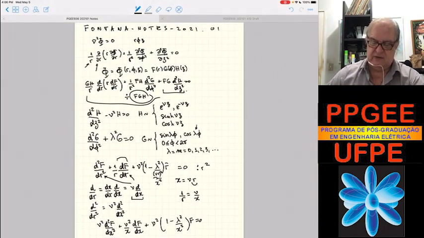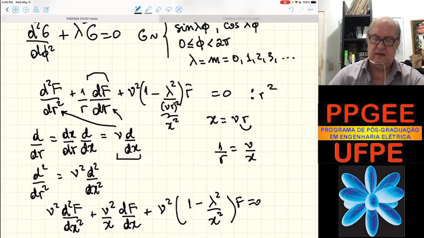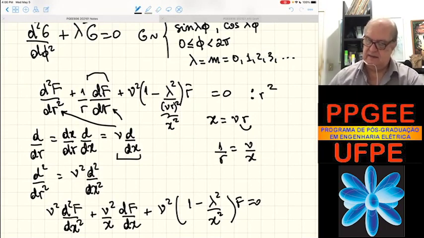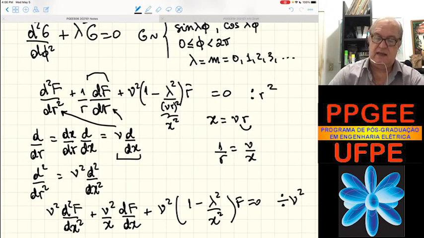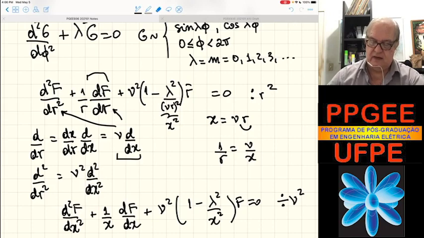That's what we have. So just to gain some space here, I'm going to divide by nu square, right? We're going to end up with, we have this away. This is going to be 1 here. And this goes away.